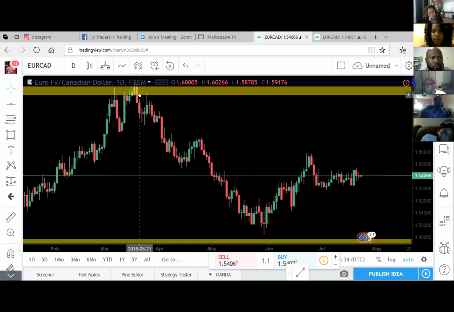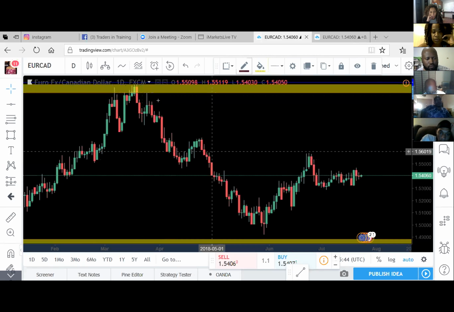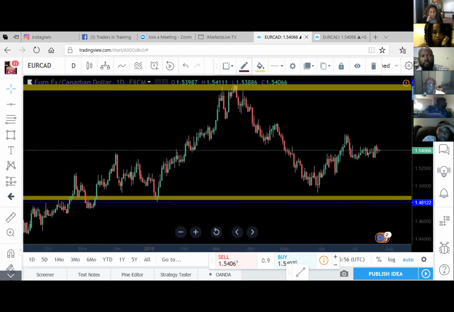It doesn't mean it's wrong if it's not, it just means it's better if it is. That one's fine, the supply zone is fine. I'm talking about the demand zone. This one right here. So it should go up.